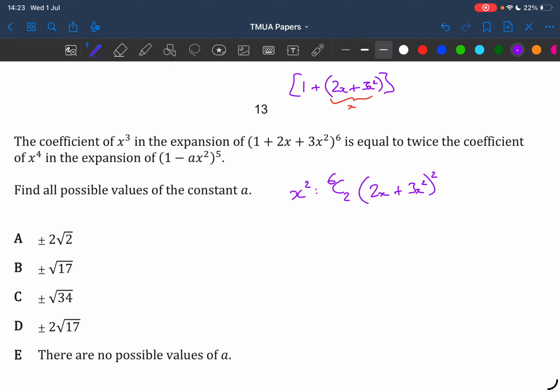And then we can also get that from the cube brackets as well, so having 6 choose 3 times 2x plus 3x squared all to the power of 3.